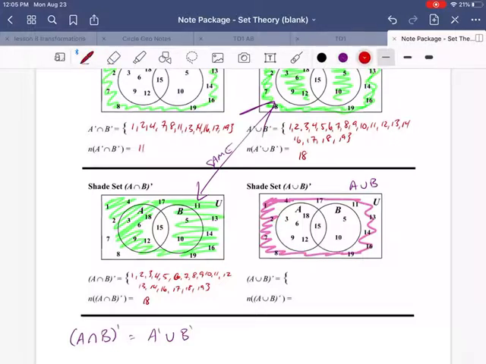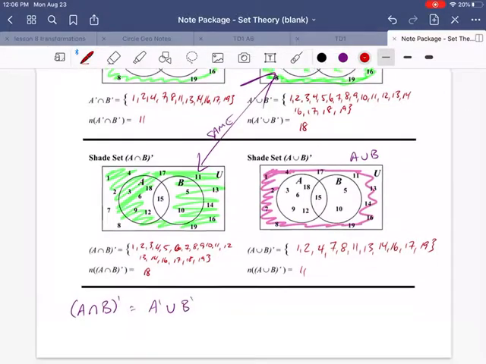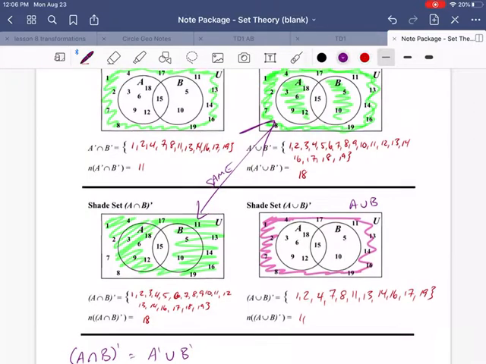So we get 1, 2, 4, 7, 8, 11, 13, 14, 16, 17, and 19. How many elements are there? There's 11. And if you're also looking, those look the same.